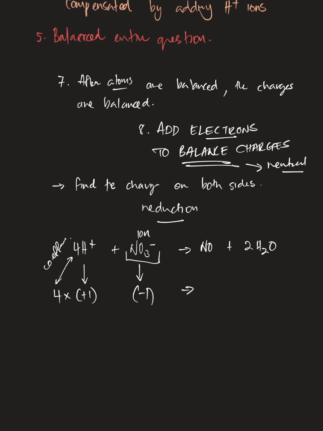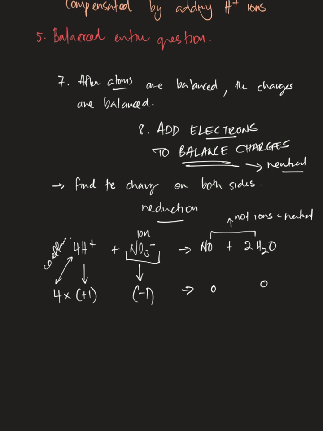And then on this side, I've got NO and H₂O. Both of these are not ions, which means they must be neutral. So NO is going to be 0, and H₂O is also going to be 0 because they both are compounds.